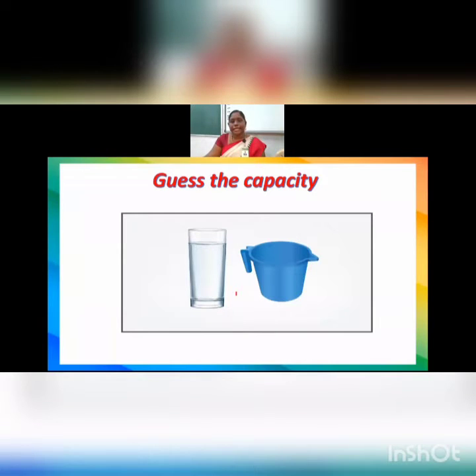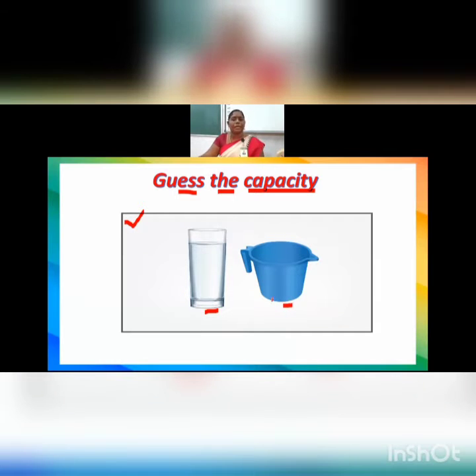Ready? Yes, first we will guess the capacity. Look at the picture in the slide and tell me what you see. Yes, a glass and a mug, right?